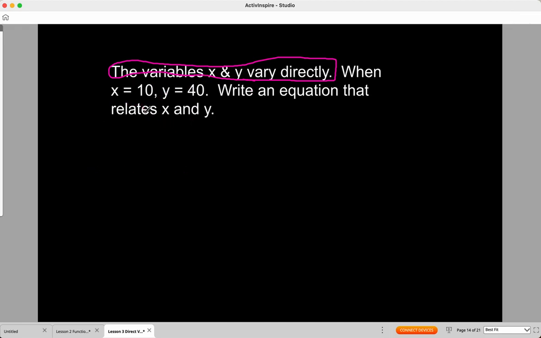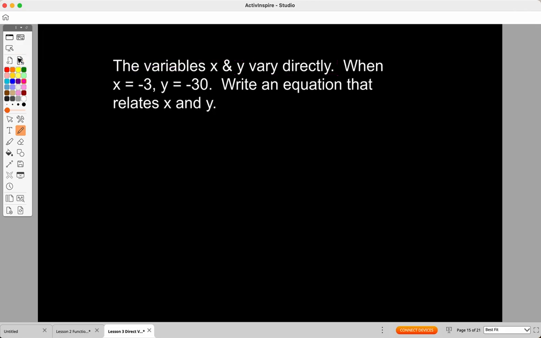How can I turn my input of 10 into 40? Well, I could add 30, but I know direct variation has to be multiplication. So to do that, Y has to equal 4 times X. So if I plug in 10 here, would I get 40 on the way out? Yep. All right, you guys give this one a try. I have negatives this time. Good luck.